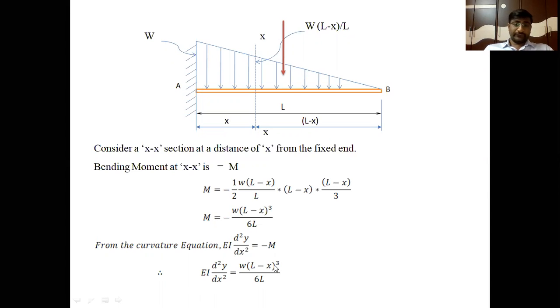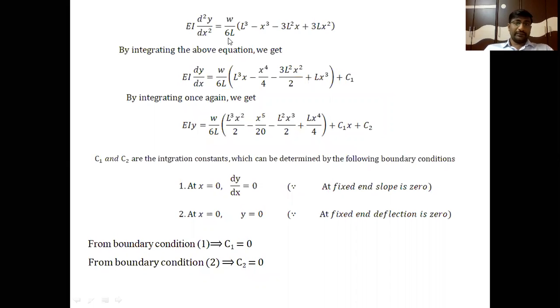Okay. So like that I expanded here W by 6L, L cube minus X cube minus 3L square X plus 3LX square. Clear, students? Are you understanding these equations? These are totally mathematical equations. We are expanding the L minus X whole cube and then integrating.